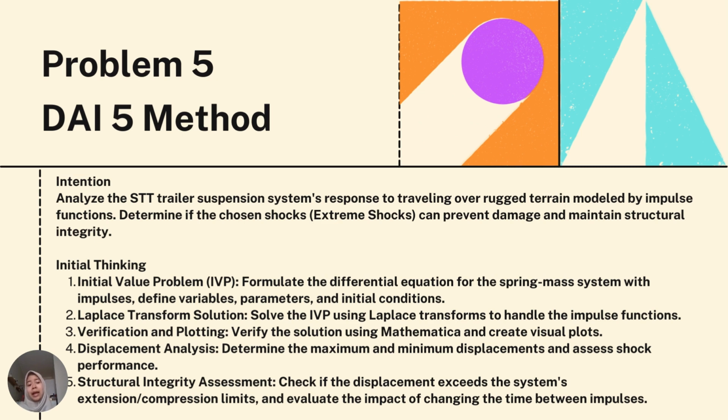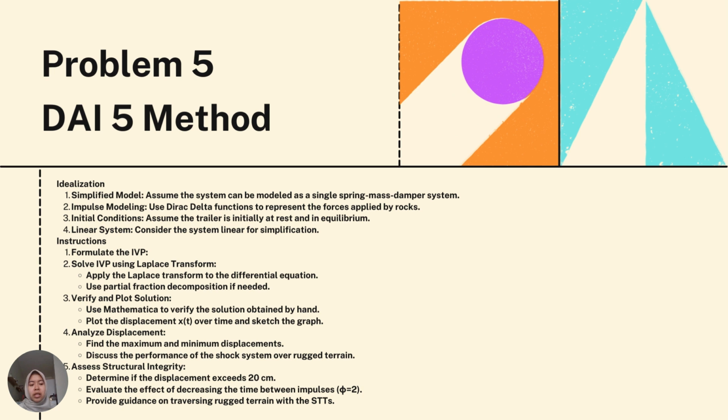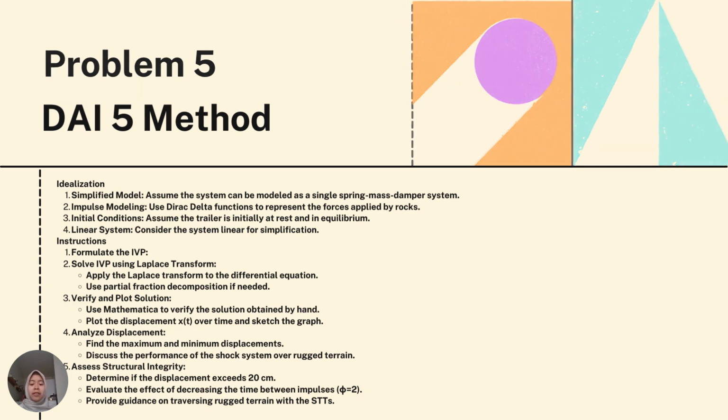And we are using the Laplace transform solution to solve the IVP, using the Laplace to handle the impulse function, and with verification and plotting using a method like MATLAB or Python, and create the visual plots, and we analyze the displacement and structural integrity assessment.